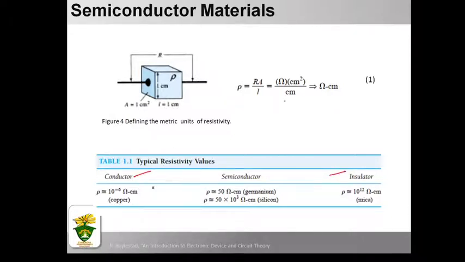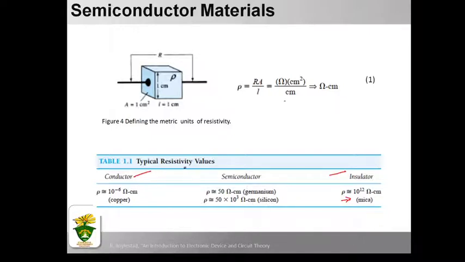The resistivity of copper as the conductor is 1.7 times 10 to the power of negative 6 ohm centimeter, while the insulator, mica, has 10 times 10 to the power of 12 ohm centimeter. It can be observed that there are 18 decimal places as a gap.